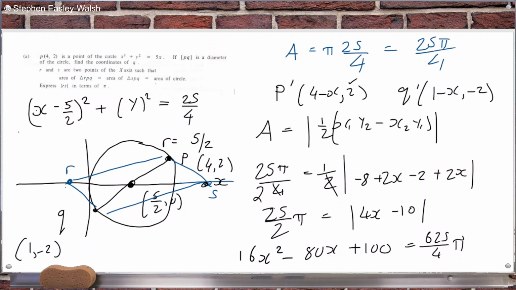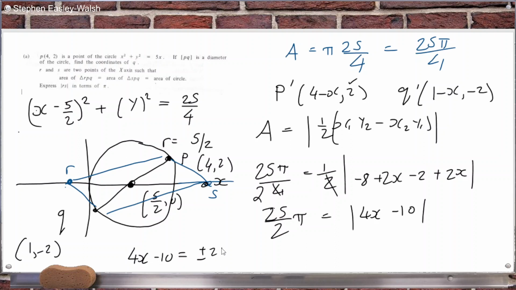Okay, so I realized here what I should do. There's no point in squaring out the modulus. That was a little bit unnecessary. I can just say 4x minus 10 equals plus or minus 25 over 2 pi.